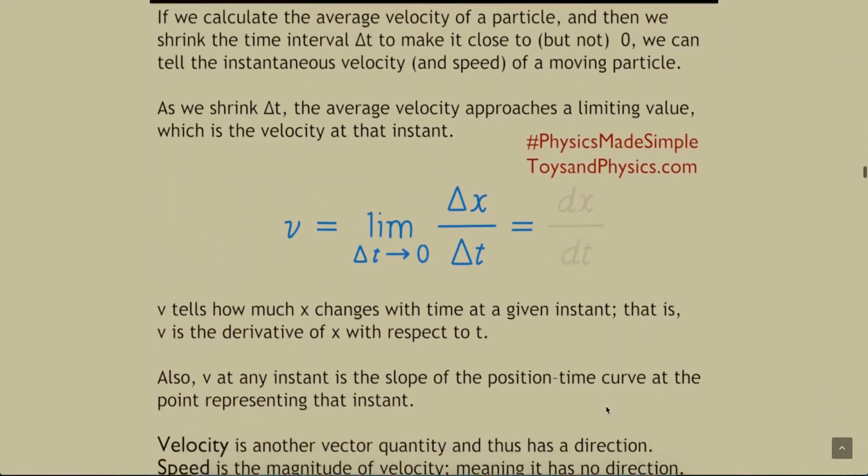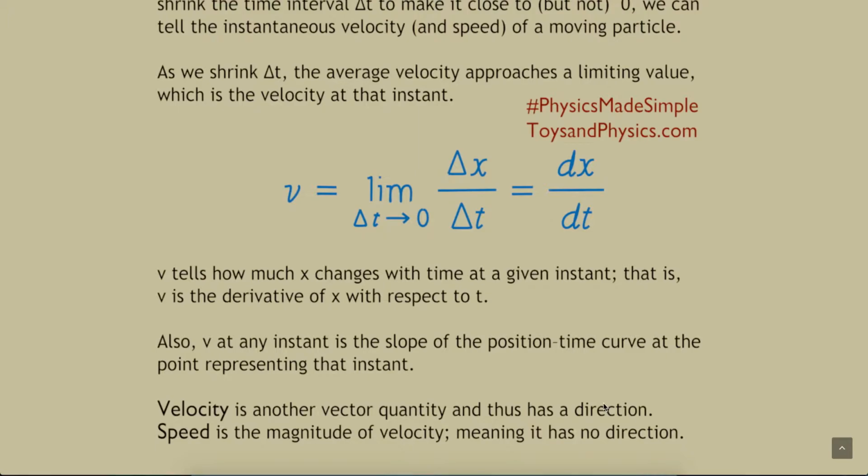This expression is the mathematical way to put instantaneous velocity in an equation. Again, it's the limiting value of delta x over delta t when delta t approaches 0. It's not 0, it approaches 0, and that enables us to calculate the instantaneous speed and velocity at that instant, in that moment.